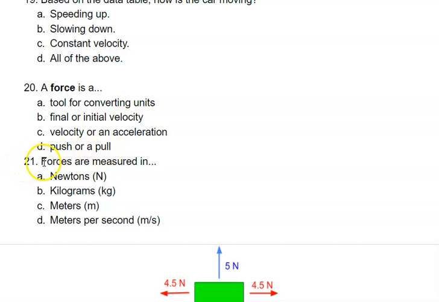Question 21. Forces are measured in A, newtons, capital N, B, kilograms, kg, C, meters, m, or D, meters per second, m/s.